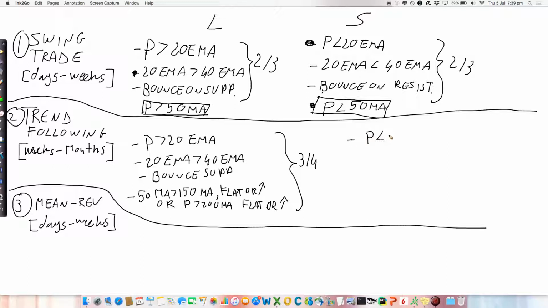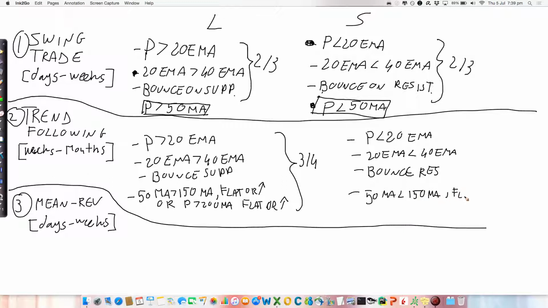So we want price below the 20, 20 below 40, bounce on resistance, and also 50 below the 150, and both flat or sloping down, or the price below the 200 and the 200 flat or sloping down. And again, we want 3 out of 4 true.